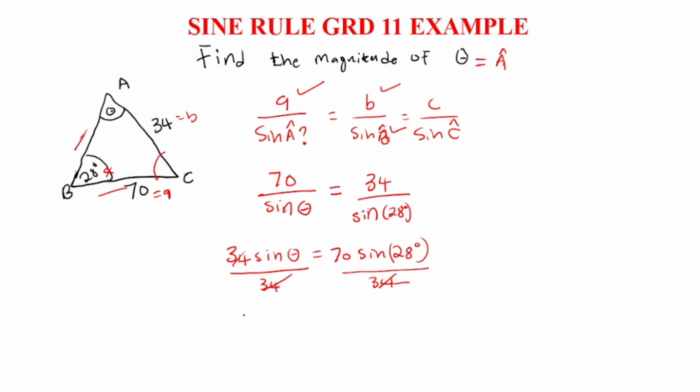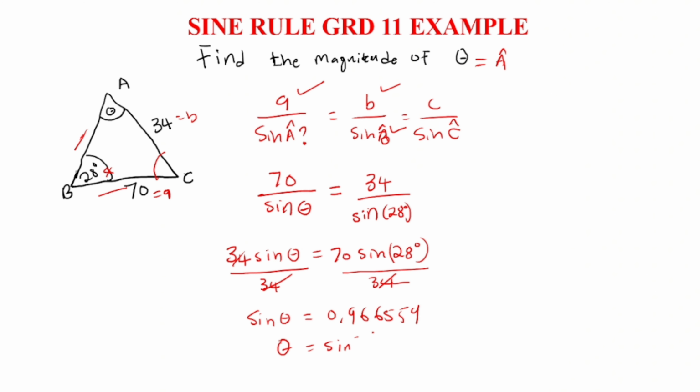You are going to be left with sine theta equal to a certain number. There you go, I hope this is what you got. I'm just trying to put all the figures there so that it can be as accurate as possible. So to get the angle, we're going to say second function.